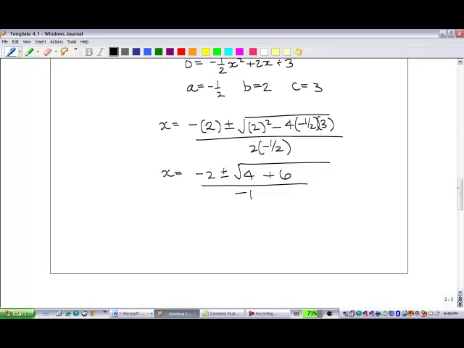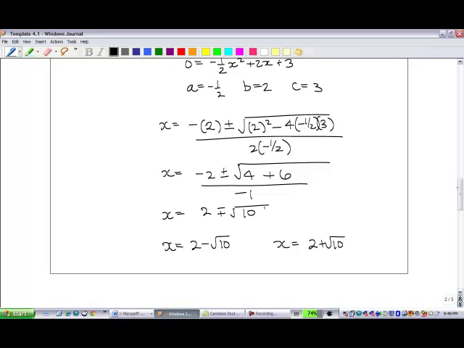So we could change that to technically 2 minus plus the square root of 4 plus 6. I guess I could probably write that as 10. So we have an x value of 2 minus root 10 and an x value of 2 plus root 10.